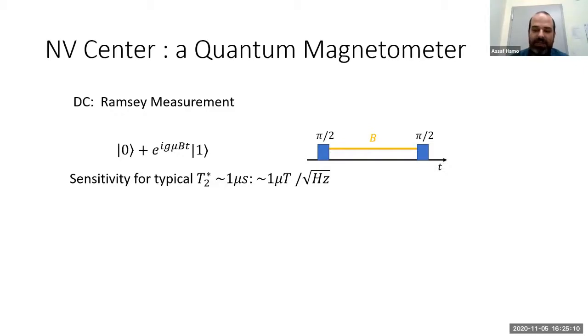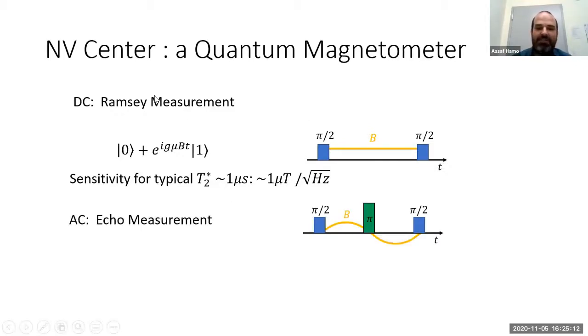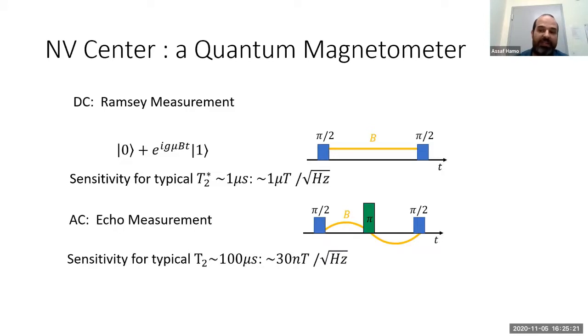You can get better by filtering out the DC noise in the system and using AC techniques, echo measurements, that will allow you to get coherence times of hundreds of microseconds and sensitivities of tens of nanotesla per square root hertz. And now you have an extremely sensitive magnetometer that will allow us to measure those minute magnetic fields that are generated by the device that we want to measure.